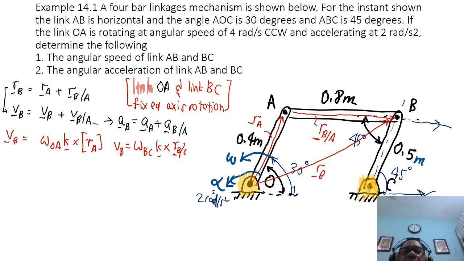Sometimes students would ask me, why are you not using position vector B relative to O? So let's see that. Some of you might ask a big question like, why position vector B relative to C? So I'm going to highlight this.